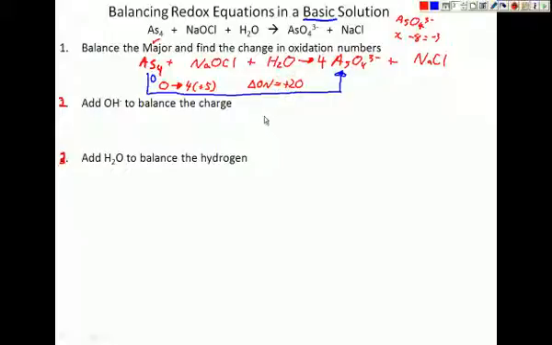Okay. So an increase means it's being oxidized. So as this molecule changes from reactants to products, it's losing 20 electrons. Well, the oxidation number is changing by 20.